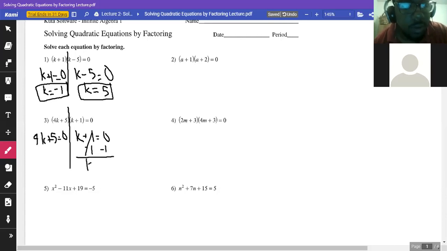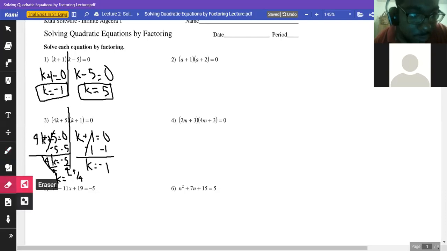So k is either going to be equal to -1, or on this side, let's see, 4k is equal to -5. So then if I divide by 4, I get that k is equal to -5 over 4. Let me see if I can write that a little nicer.